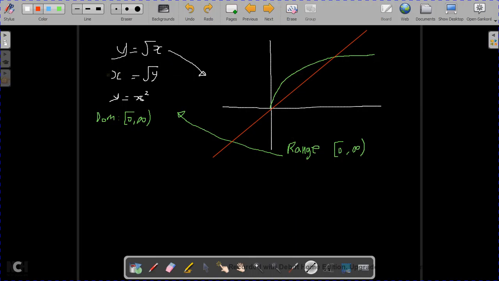Now, what did we do to find our inverse? First step, we interchanged x and y. So every x point on here now becomes the y point on our inverse function. So let's say that point there, don't know what it is, could be 1, 1 or something like that.